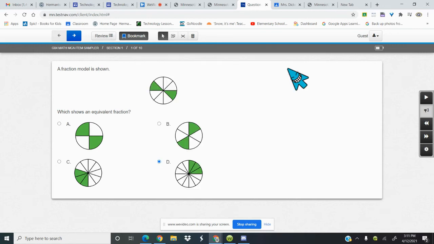You don't have to. All right, then the answer eliminator is a nice tool. So if you know an answer is not correct, you can just X it out. Now, just because you X it out doesn't mean you can't bring that answer back. You sure can. So if you said, oops, I didn't mean to X out A, I wanted to X out C, you can just click on A again and it takes that X out away.